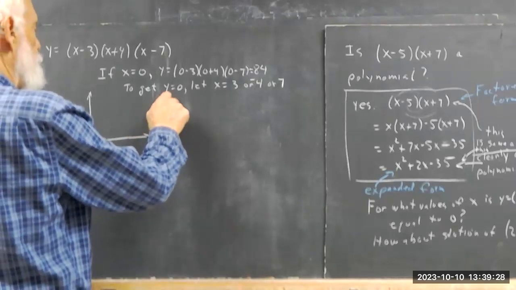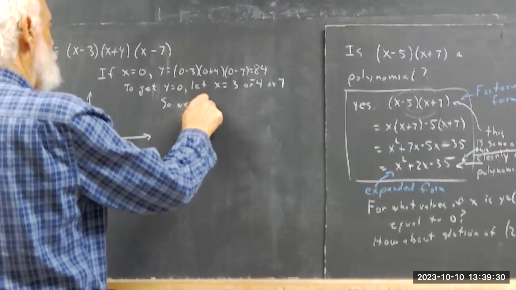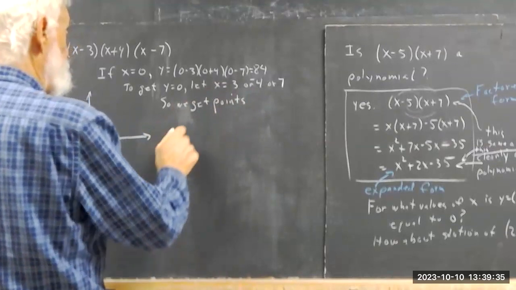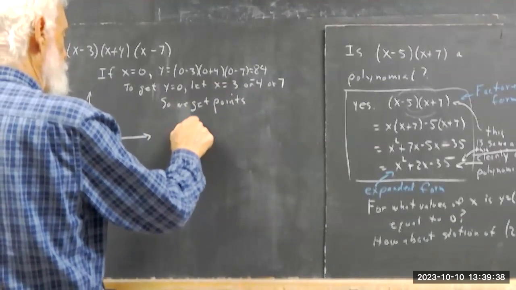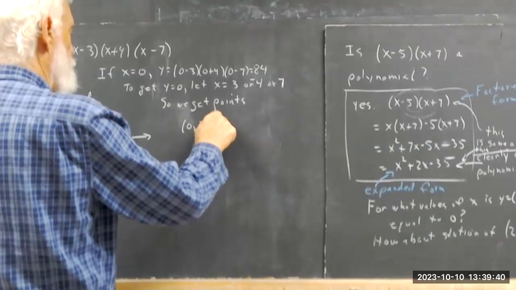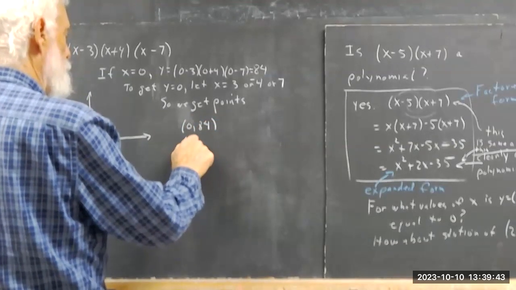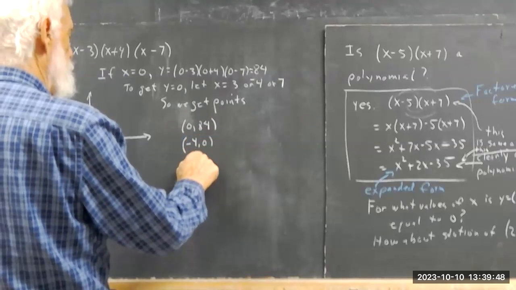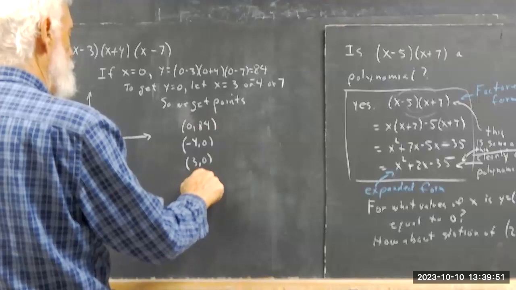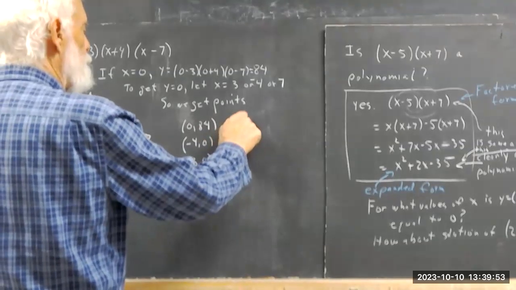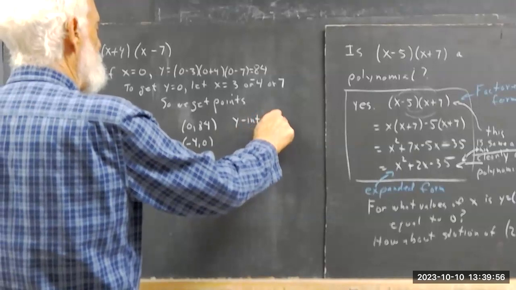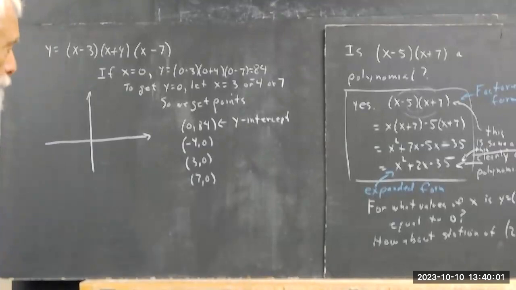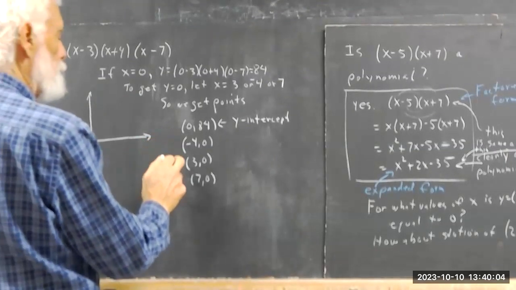So our points, this is the y-intercept, which occurs when x equals 0. These are the x-intercepts.